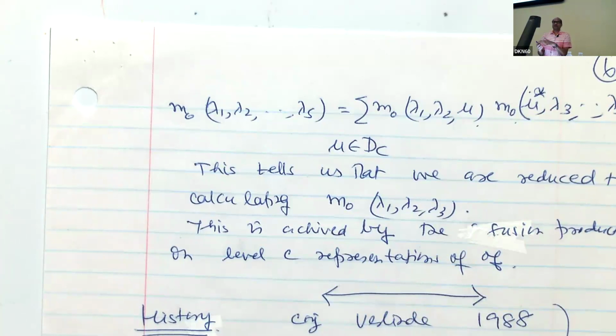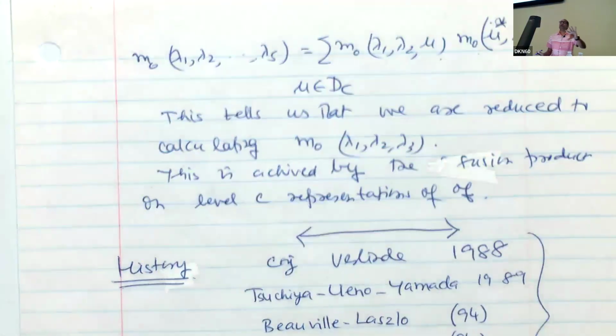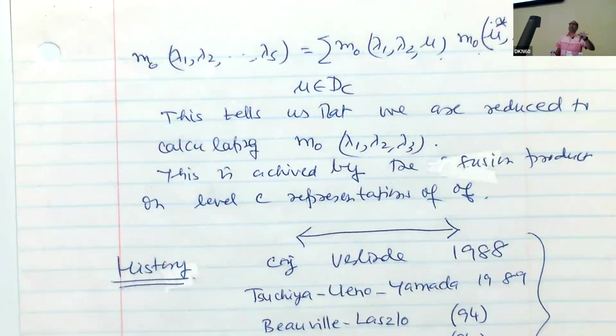This is not a very correct description, but it is an approximate description. So the information about the dimension of a conformal block on P1 with 3 points is encoded in the structure of the fusion algebra of the Lie algebra G at central charge c. This is what is called the fusion ring of G at central charge c.